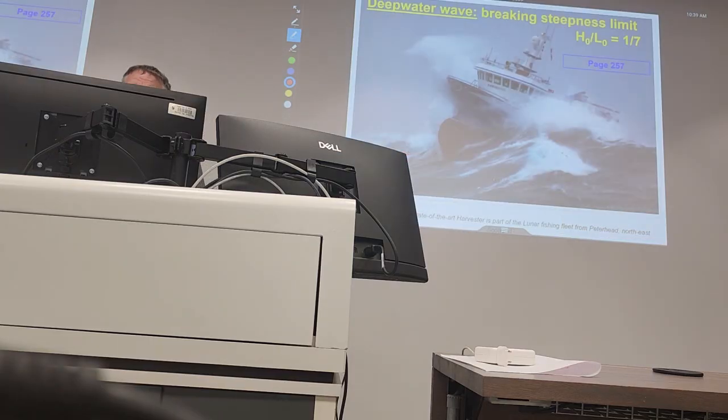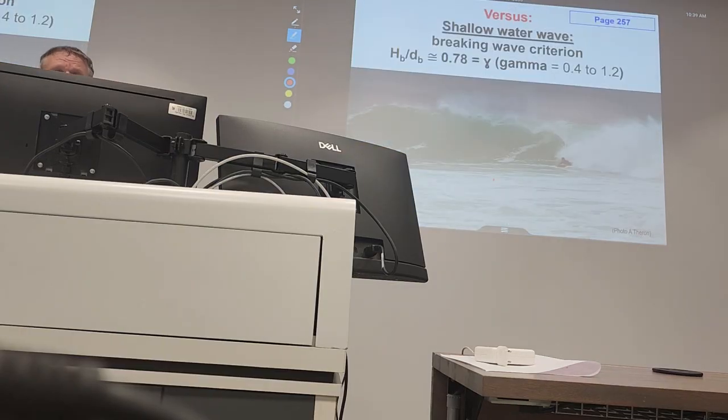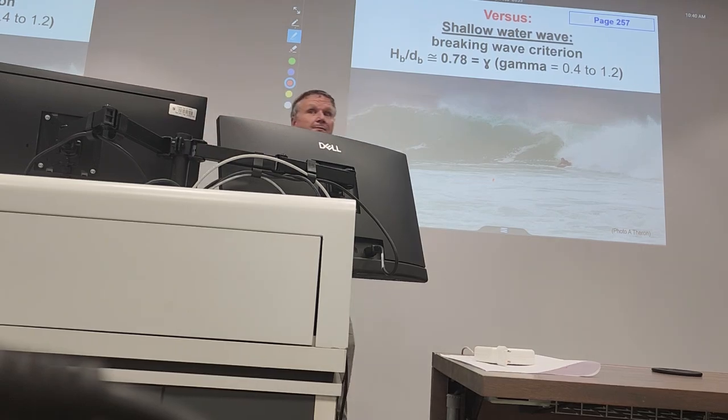If you look at deep water breaking waves, we've done the case where the wave breaking happens in shallow water, but this breaking can even happen in the deep sea. The moment you get this H0 over L0 at 1/7, that means breaking will happen, so we'll have some waves breaking in the open sea. And with the shallow water, we've assumed 0.78 as our value, and this is known as gamma.